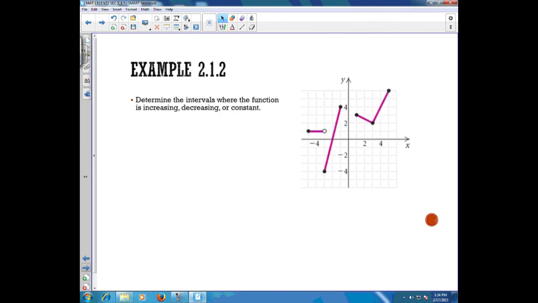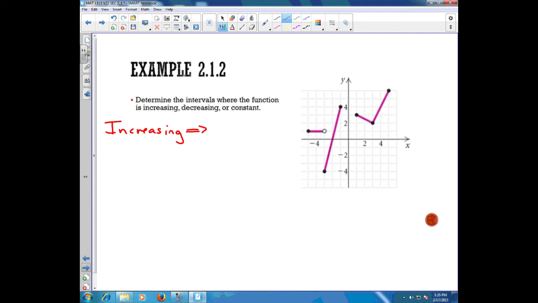Let's try another example. We just want to determine where this function is increasing, decreasing, or constant. And so let's start with increasing. We're just looking for the intervals where the function is going up from left to right.